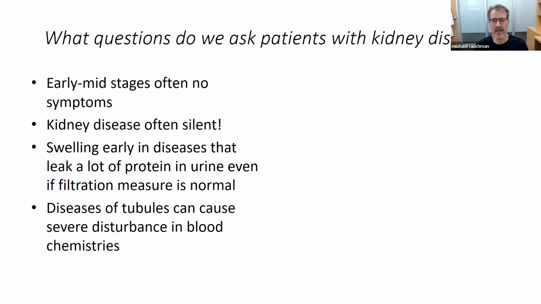So what are the kinds of things that we ask our patients who have kidney disease? As I mentioned, in the early and mid stages, there are no symptoms. Unfortunately, kidney disease is often silent for a long time and can go undetected. But with certain diseases, for example if there's a lot of protein in the urine, even when the filtration function is normal, patients tend to accumulate fluid and get a lot of swelling.